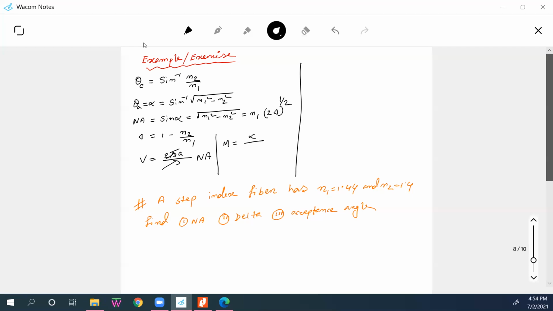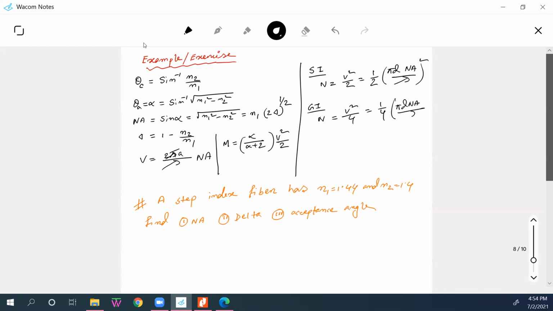So for step index, the number of modes M equal to V squared by 2, which is actually 1 by 2 of pi d numerical aperture by lambda, squared. If it's a gradient index, the number of modes M will be V squared by 4. We have also seen it previously, which will be 1 by 4 of pi d numerical aperture by lambda, squared.